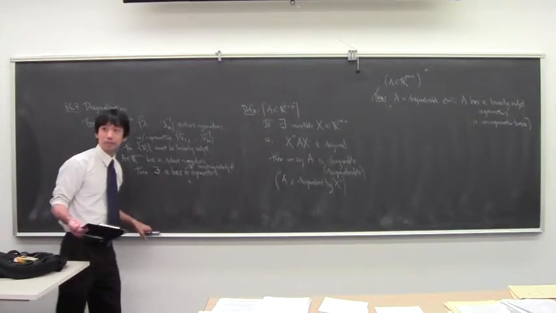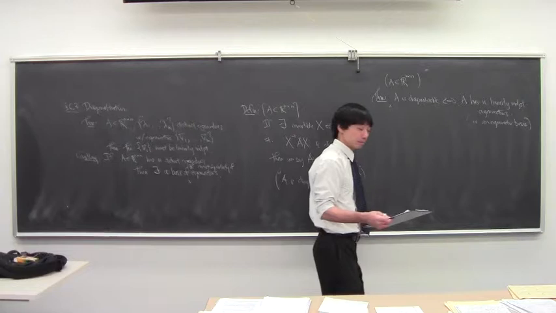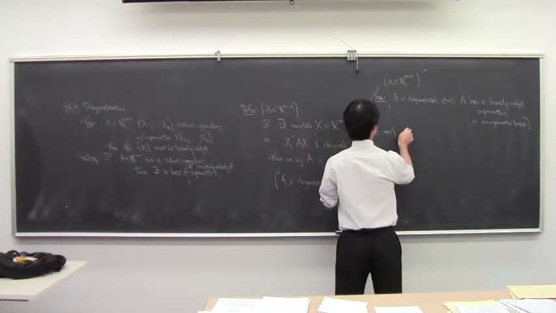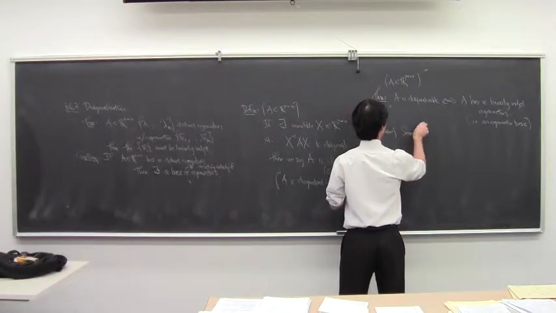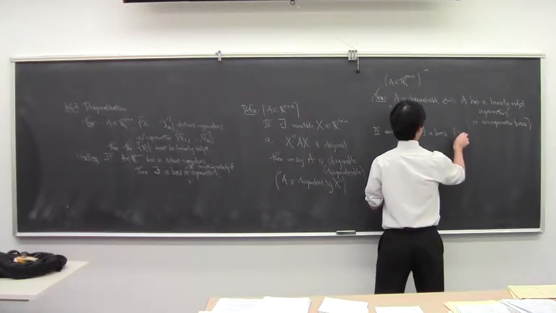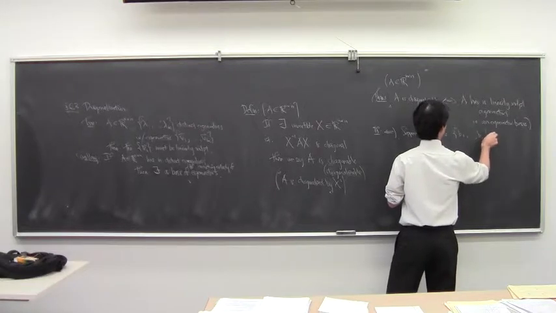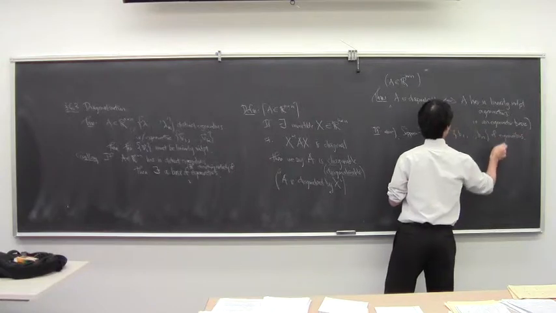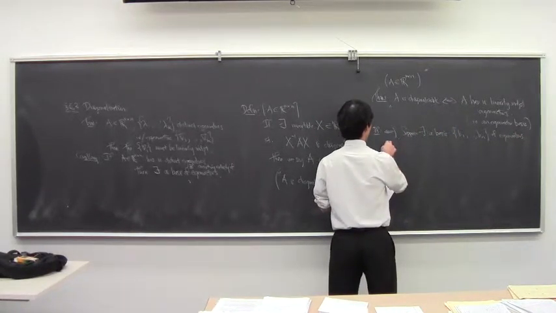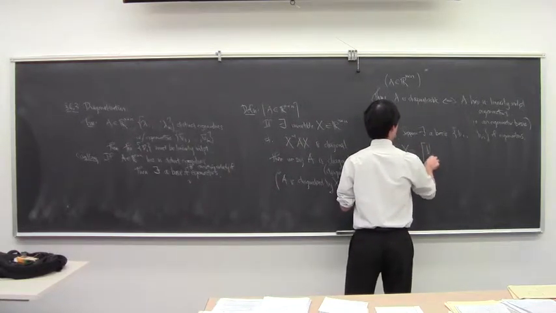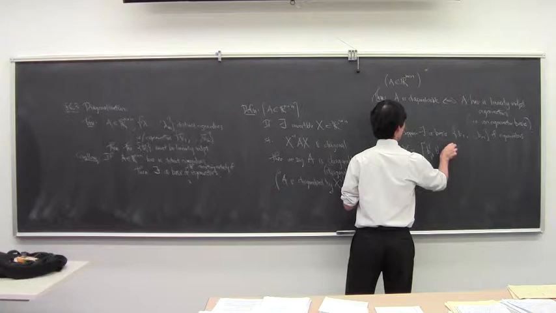Is that right? Okay. So let's do the proof. Suppose there exists a basis B1 to Bn of eigenvectors. Let X be the matrix that you get by using those guys as columns.